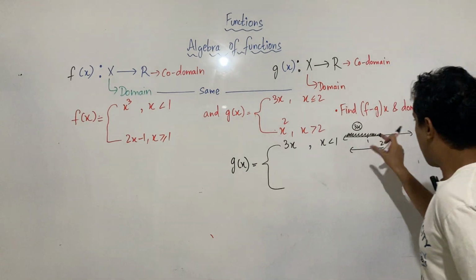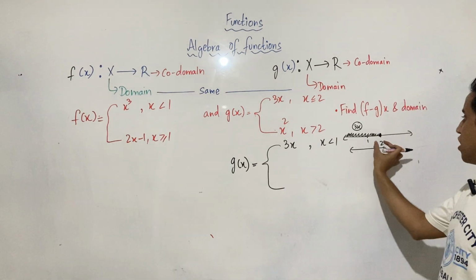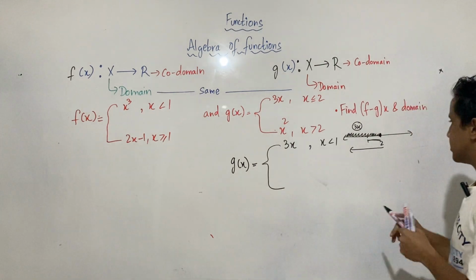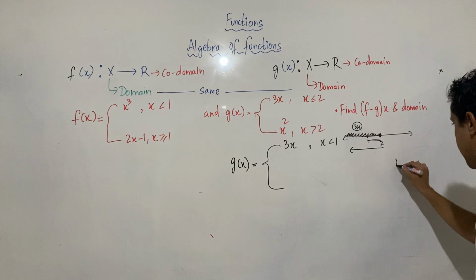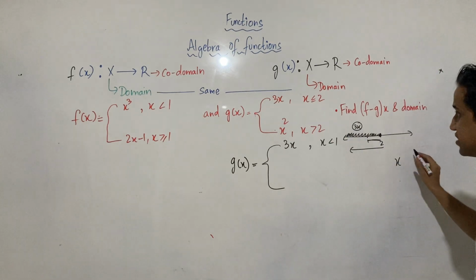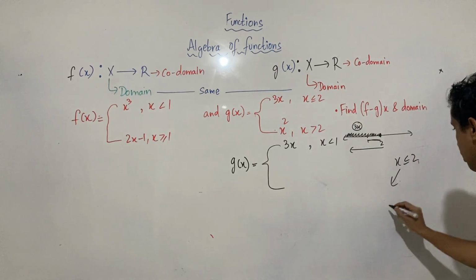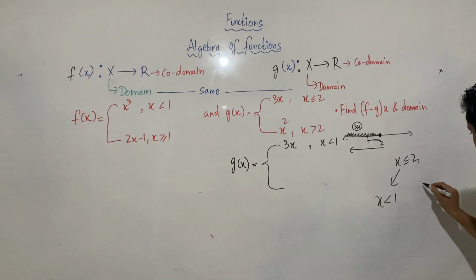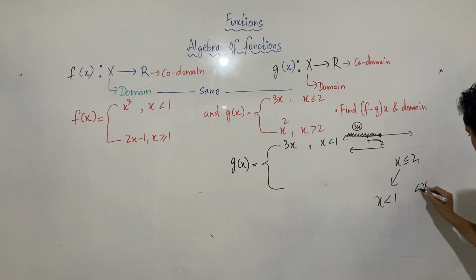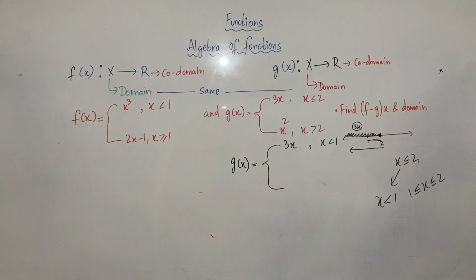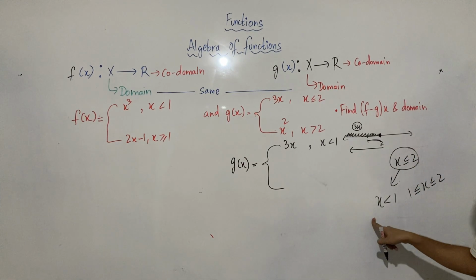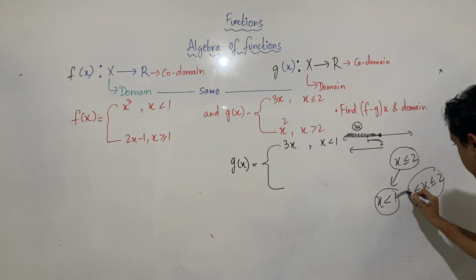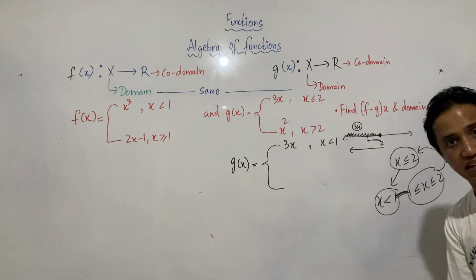And I can develop one more piece for the domain between 1 and 2. Why? Because what I'm basically doing is breaking x less than or equal to 2 into two parts. The first part is x less than 1, and the second part is x between 1 and 2. I can do that, right? Because if I combine these two things, it means x less than or equal to 2.